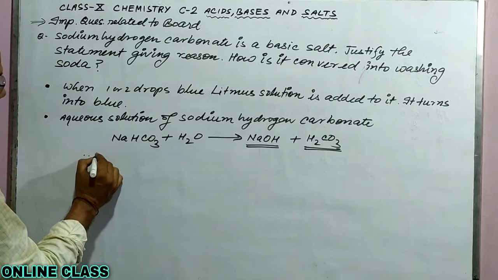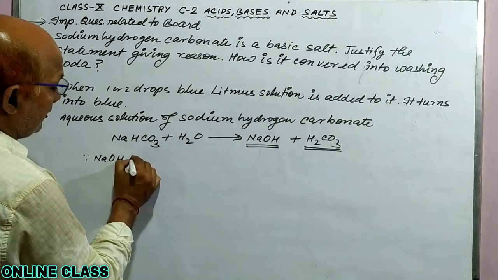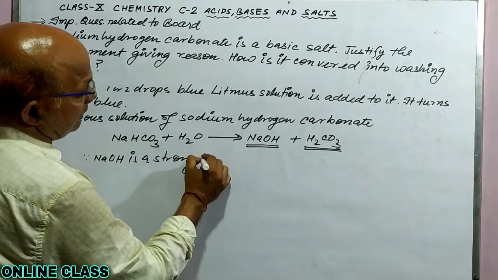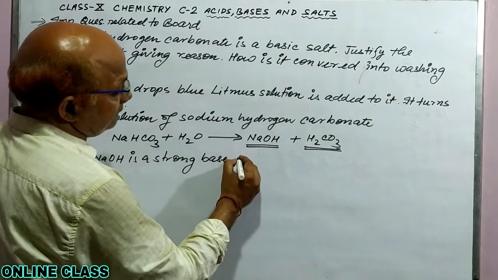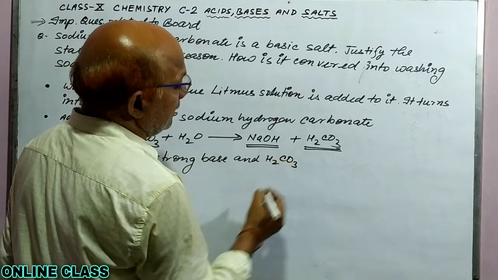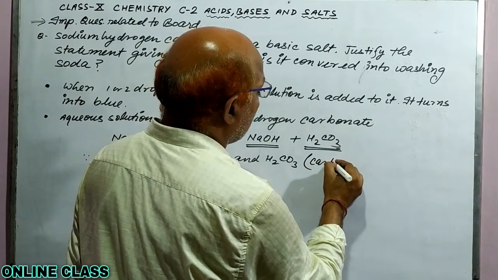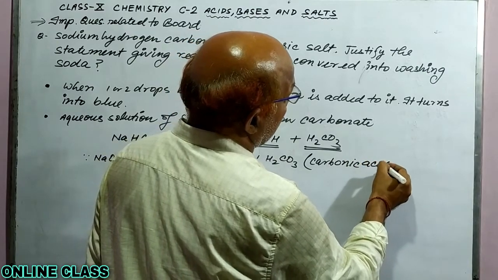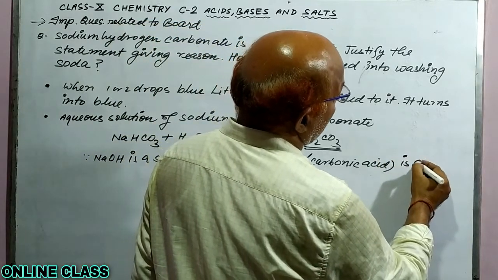Since NaOH, this is sodium hydroxide, is a strong base, and H2CO3 is actually carbonic acid. So, H2CO3 is a weak acid.